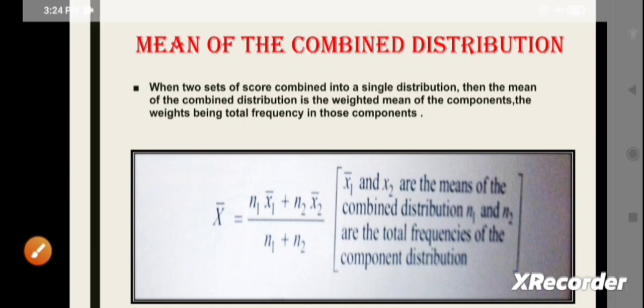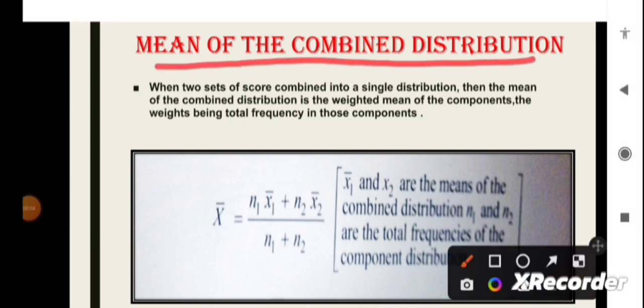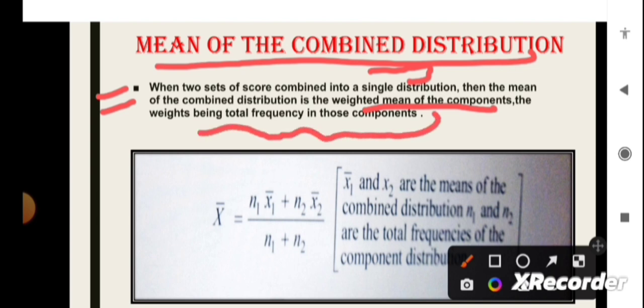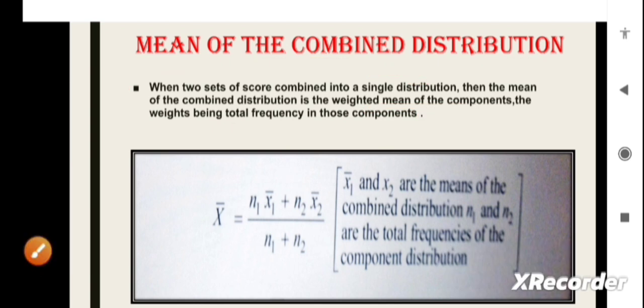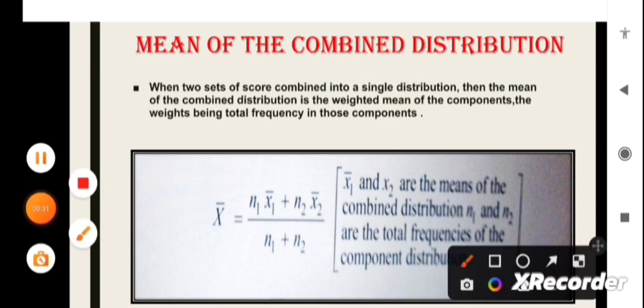Now let's learn what the mean of the combined distribution is. When two sets of scores are combined into a single distribution, then the mean of the combined distribution is the weighted mean of the components, and these weights are the total frequencies in those components, which is calculated by this formula.